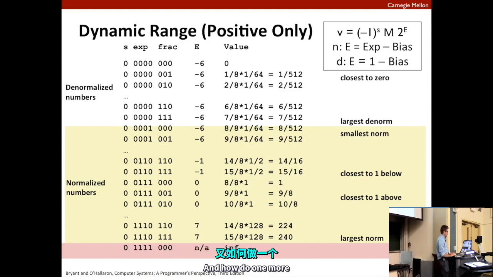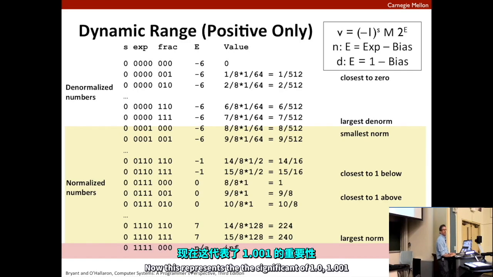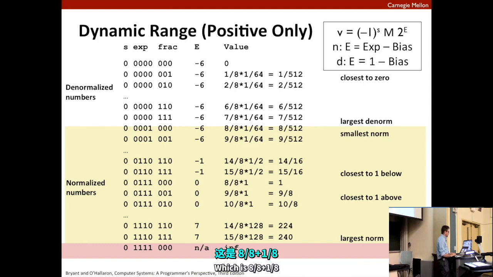And I'll do one more. Keeping the exp field at 1, if we bump our frac field from 0 to 1, now this represents a significand of 1.001, which is 8/8 plus 1/8.